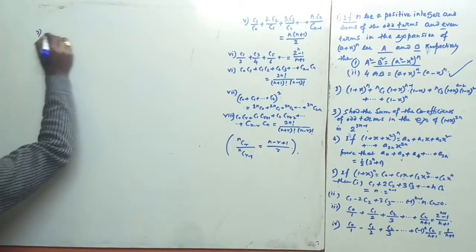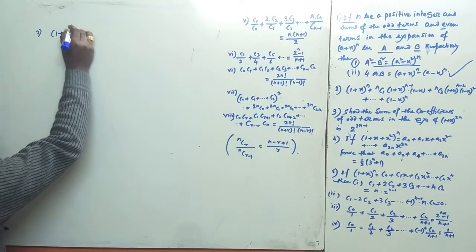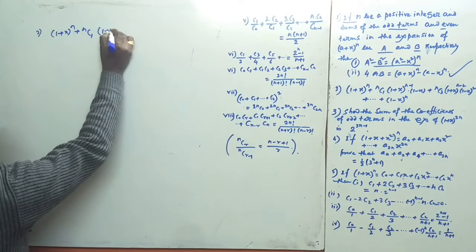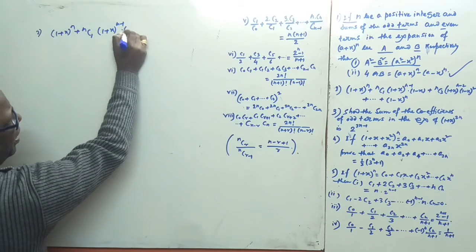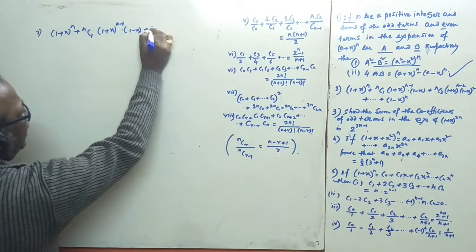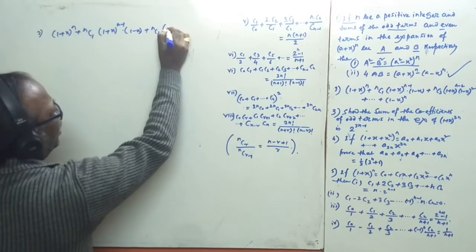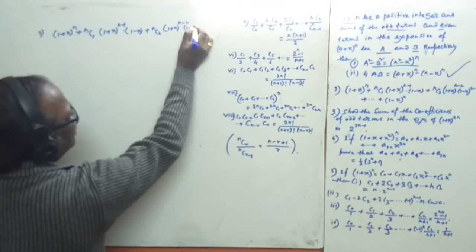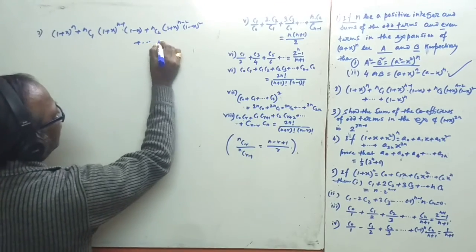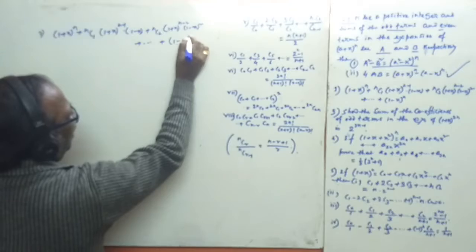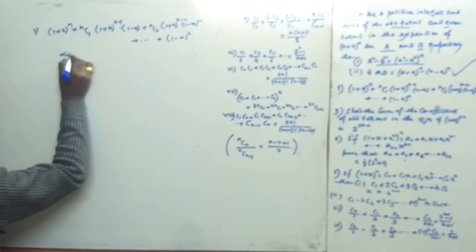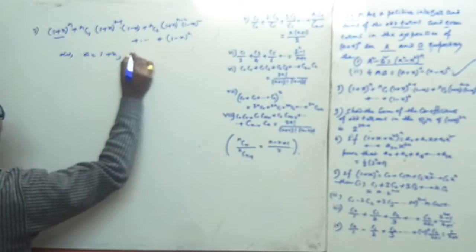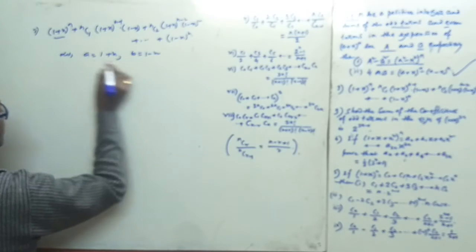Now see: (1 plus x) to the power n, plus nC1 (1 plus x) whole to the power n minus 1 and (1 minus x), plus nC2 (1 plus x) to the power n minus 2 and (1 minus x) to the power 2. Let us assume that a is equal to 1 plus x and b is equal to 1 minus x.